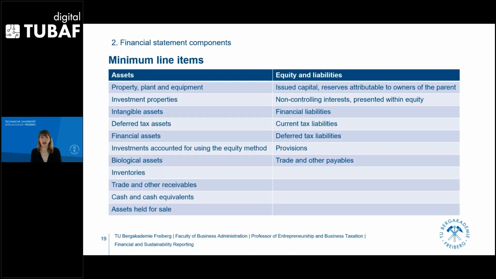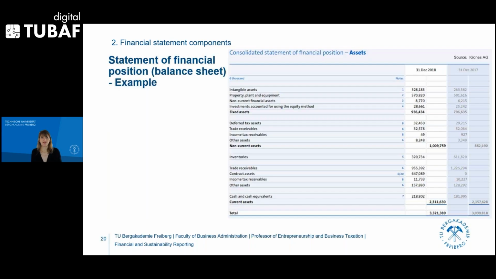The minimum line items consist of different assets, starting from property, plant, and equipment until the assets held for sale. On the other hand, we have the equity and liabilities, from the issued capital until the trade and other payables. These are the minimum line items of a balance sheet. And then we have the structure.